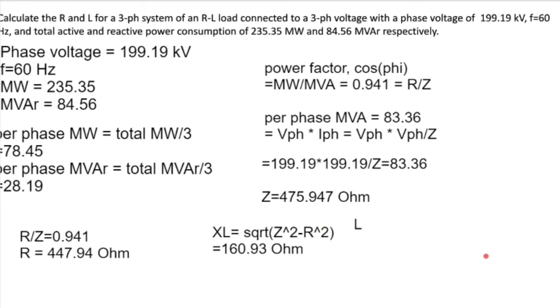L is equal to, now you know XL, so it's XL over 2 pi F. Yes, 0.4268. That's the correct answer. And its unit is Henry. So that's the one. So R and L are now calculated. And you wanted the formula for MVA. MVA is megawatt squared plus megavar squared and then square root.